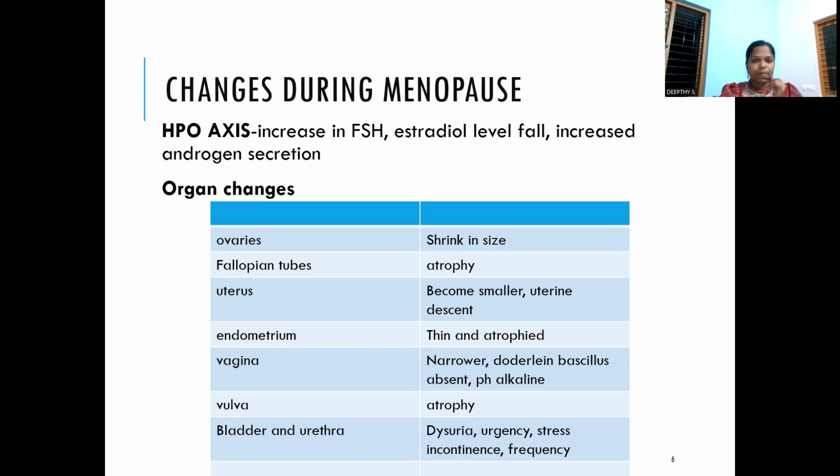Then dysuria, there may be painful micturition. Then urgency, the lady does not get control over the bladder, so there may be leaking of urine when she has the urge to urinate. These are all due to the loss of the pelvic floor muscle tone.